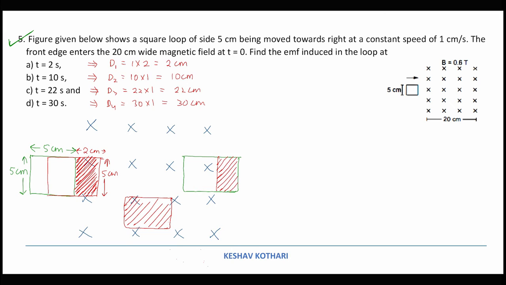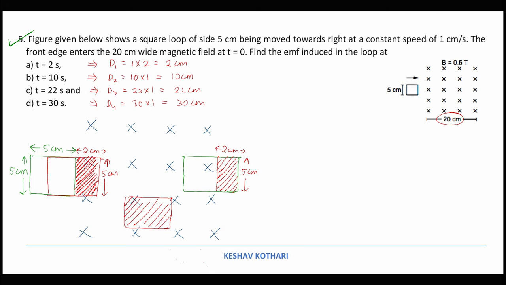So the complete width is 20 centimeter, and it covered a distance of 22 centimeter, the front part. So it has moved out by a distance of 2 centimeter over here. So this is 2 and this one is 5. So I can say that the area associated with flux change in part A and C is same.